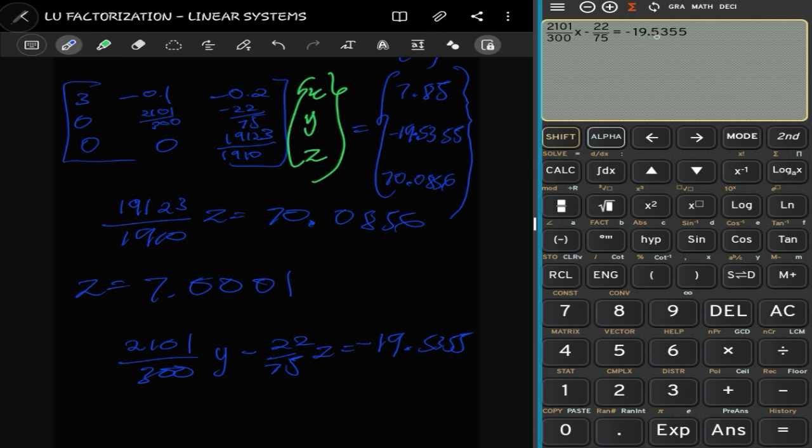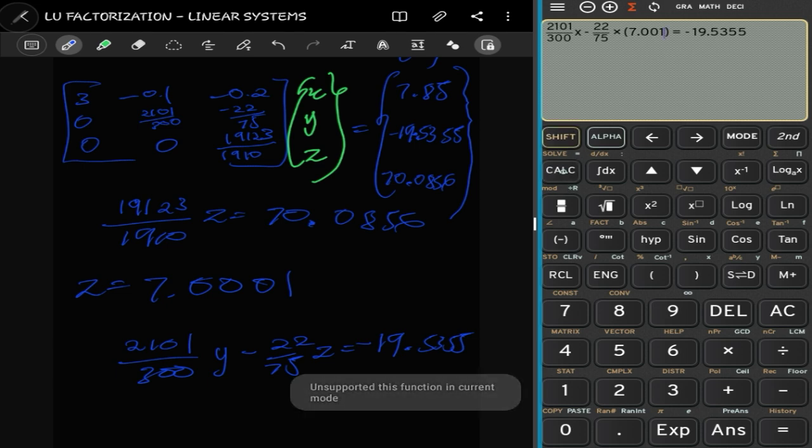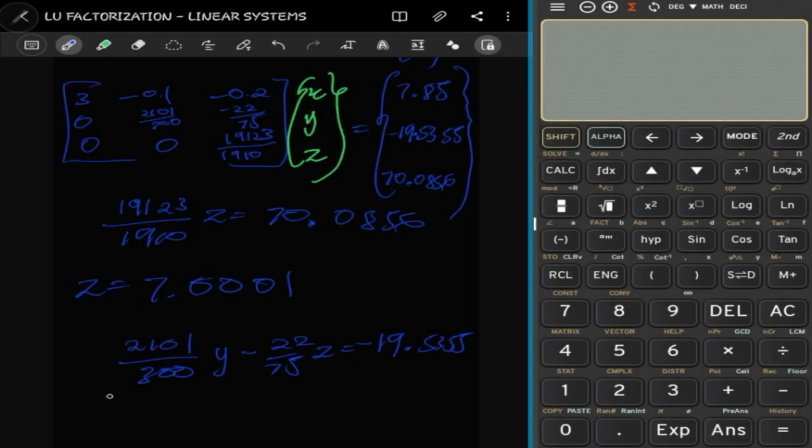Something wrong. Okay, we have our z to be 7.0001, right? Trying to find our y, right? We have z, we're trying to find y.